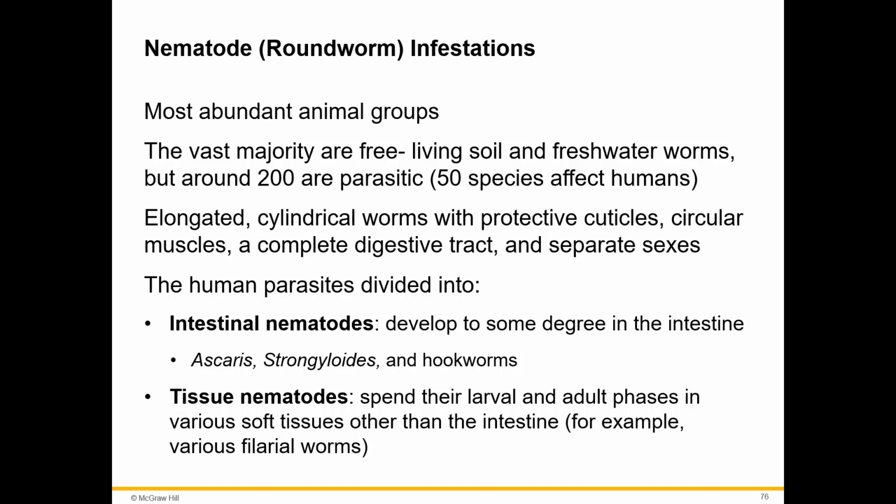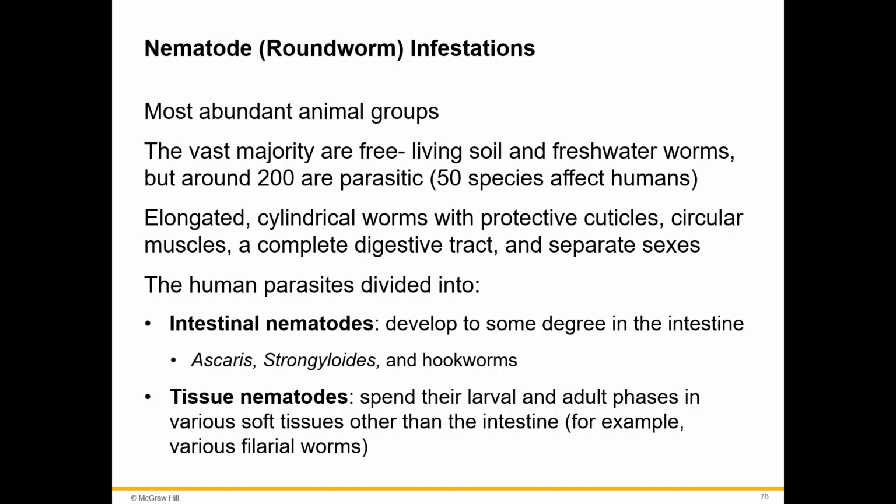And so, human parasites, we divide them into two different categories, which would be those that occur in the intestine and those that occur in the tissues. Intestinal nematodes will develop to some degree within the intestine. So we have Ascaris lumbricoides, and then Strongyloides, and then hookworms.